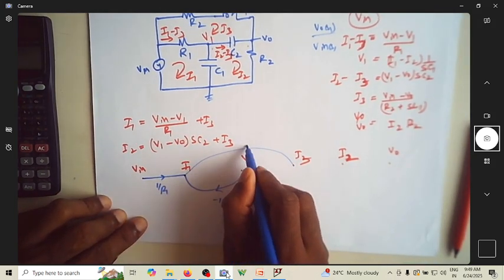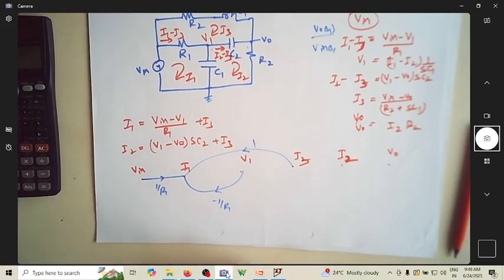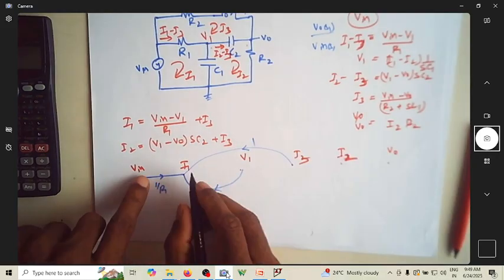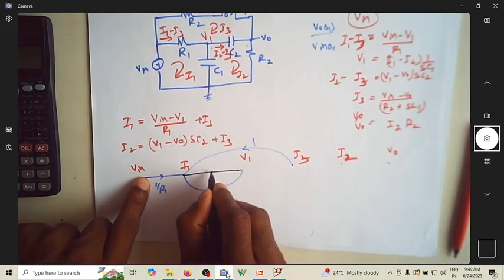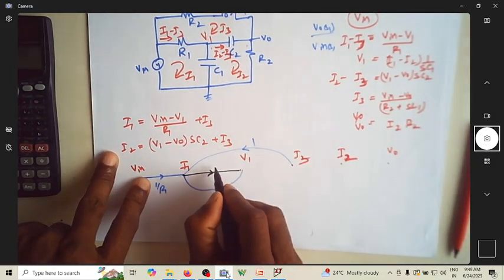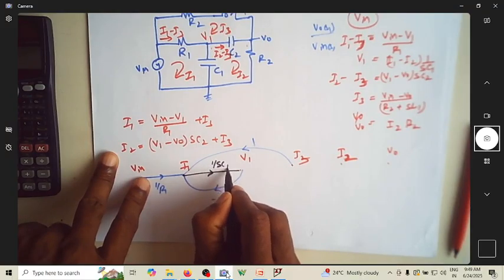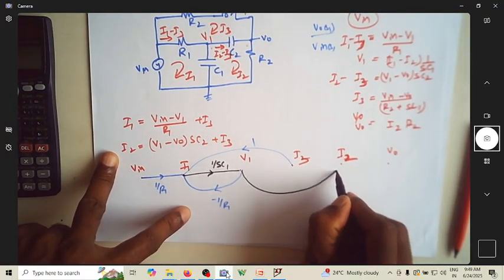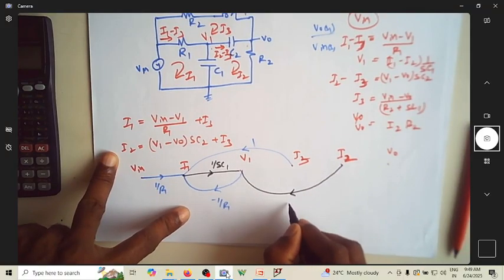This is I3, which is 1 now, correct? Then I have some more terms. What is V1? V1 is nothing but I1 into 1 over SC1, and from I2 it is coming, it is minus 1 over SC1.